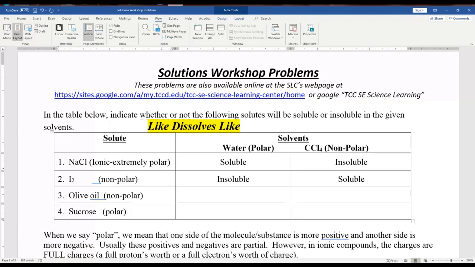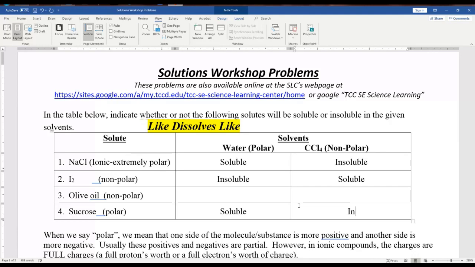And one of the ways you know sucrose is polar is because, one, you know that sugar dissolves in water pretty easily, doesn't it? And so let's say this is definitely soluble in water. What do you think? Is it going to be soluble in CCl4? Nope.